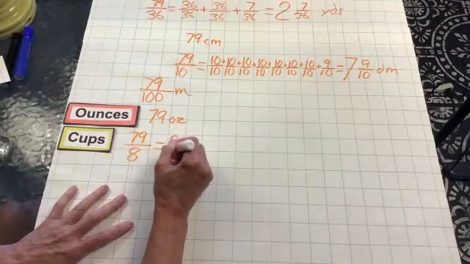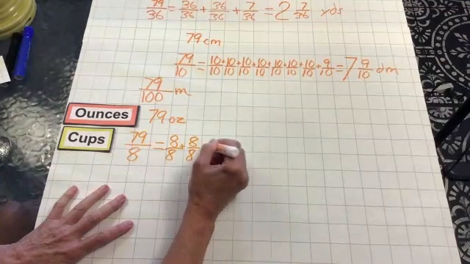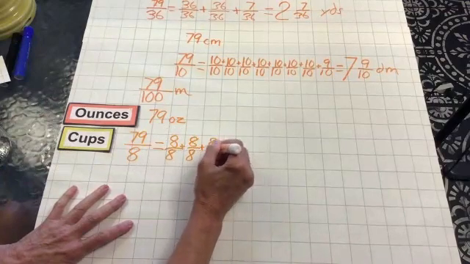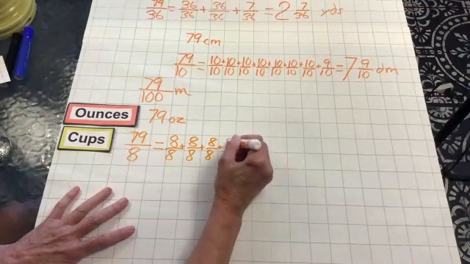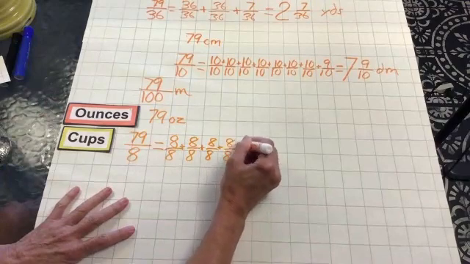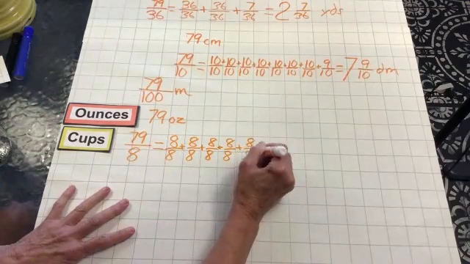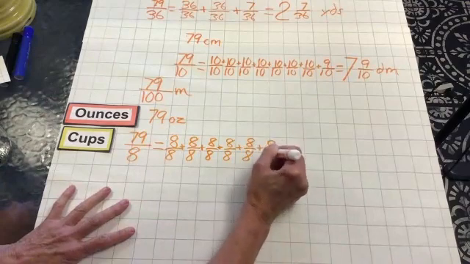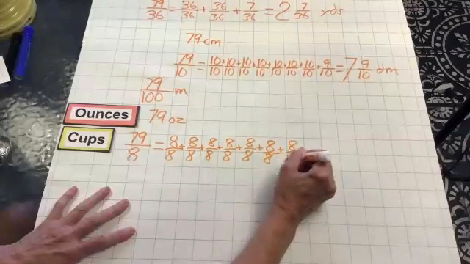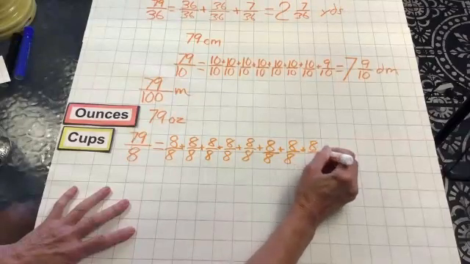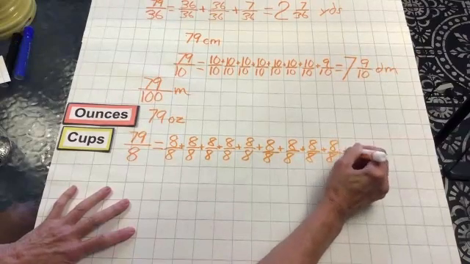So here's 1 eighth. There's 2 eighths, which is 16. 3 eighths is 24, knowing our multiples of 8. 4 eighths is 32. 5 eighths is 40. 6 eighths is 48. 7 eighths is 56. 8 eighths is 64, and 9 eighths is 72.